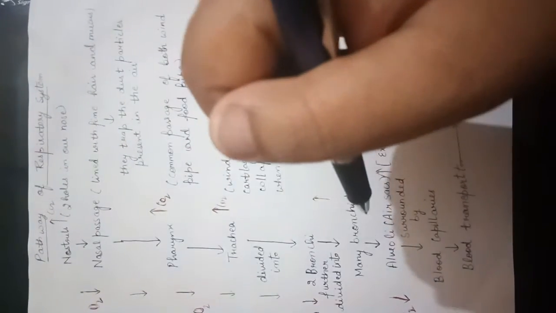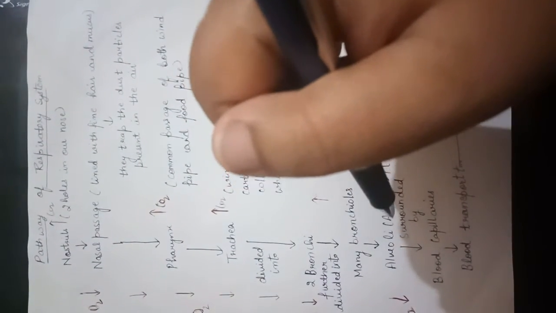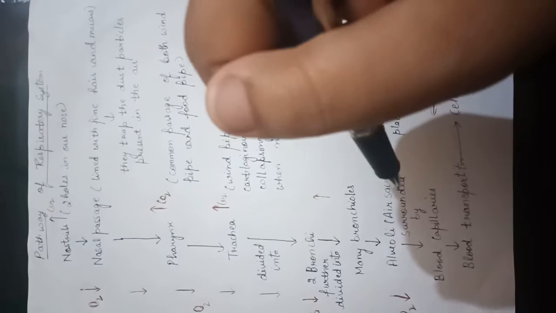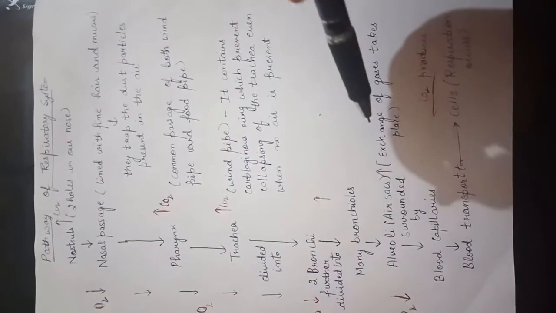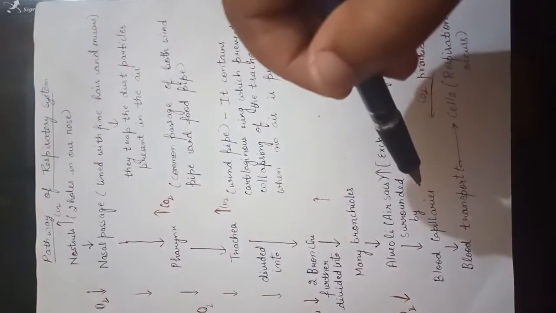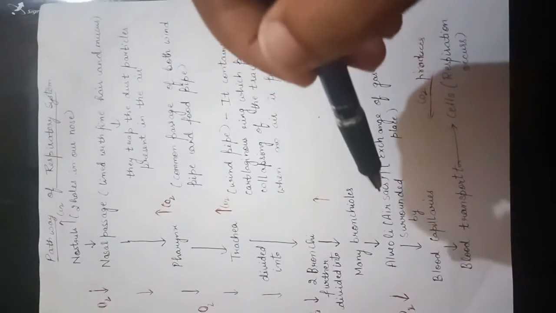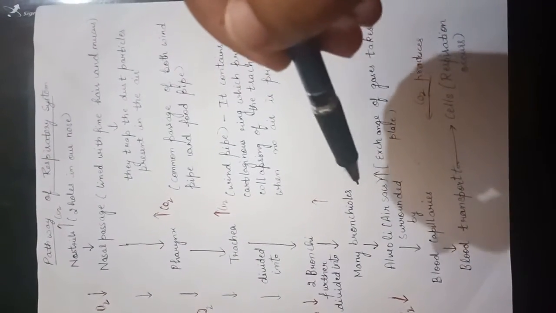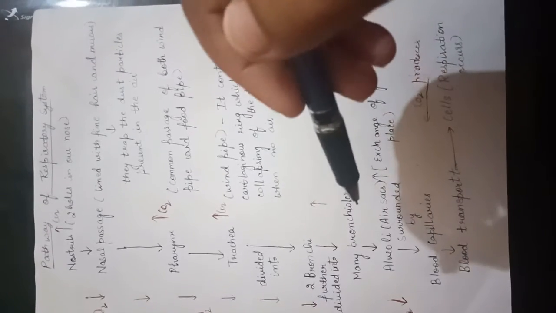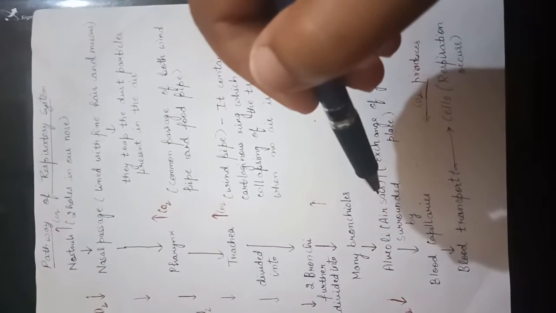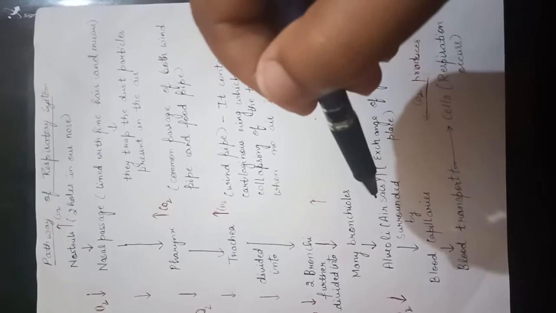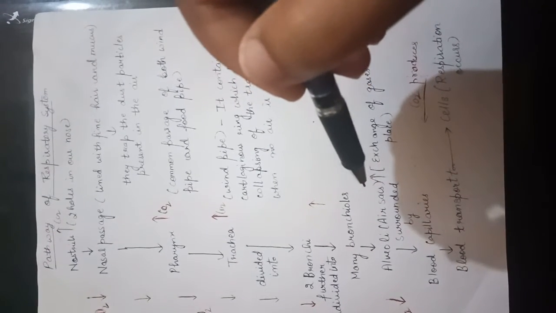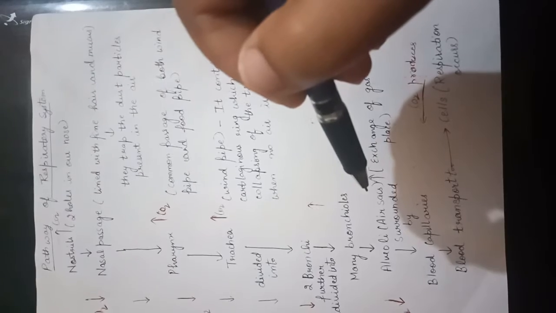At the end of the bronchioles, the alveoli are present, and they are also known as the air sacs. They are surrounded by the blood capillaries, and alveoli are responsible for the exchange of gases because they provide a large surface area, with very thin walls, and millions of alveoli are present.